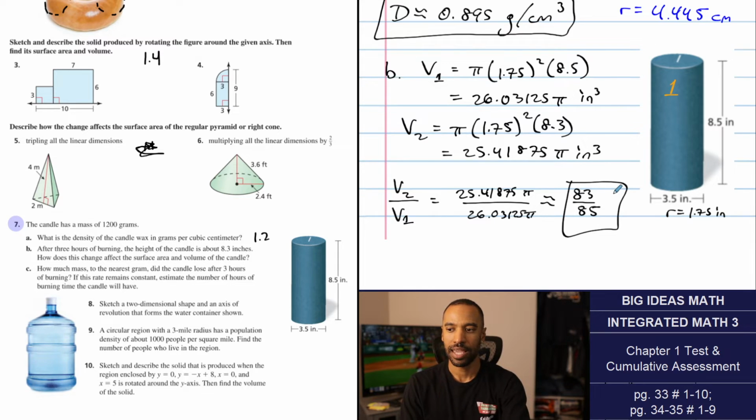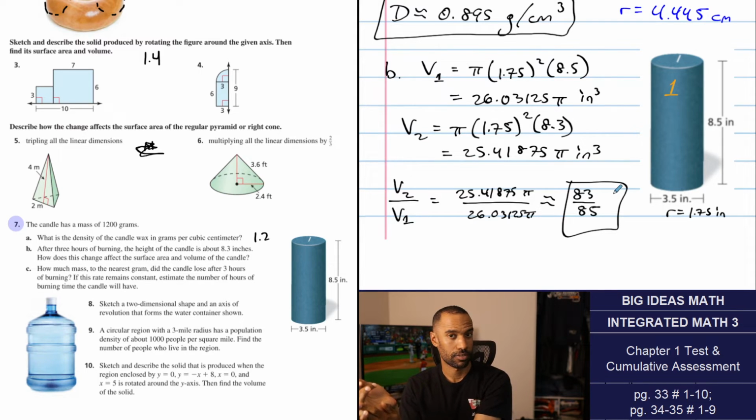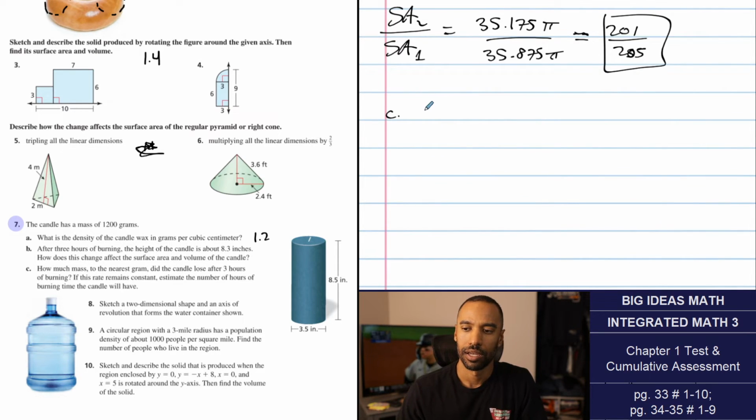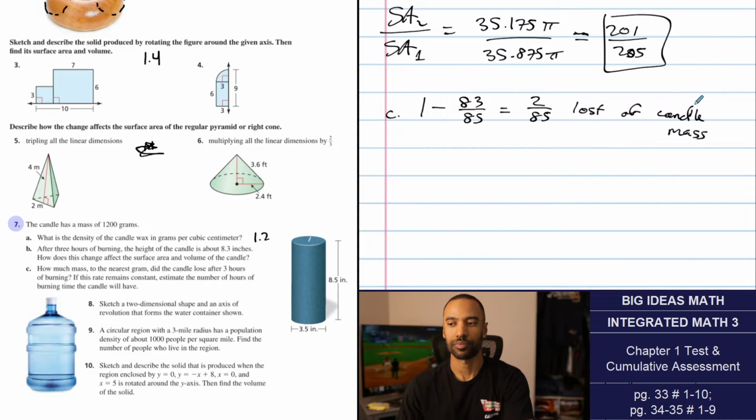Whatever the volume was before, listen, we can use this number. 83/85ths of what it was, so it lost 2/85ths of what it was before, right? 1 minus, whoopsie, 1 minus, because I don't want to use the rounded value. 1 minus 83/85ths equals 2/85ths of candle mass lost, or whatever, right?